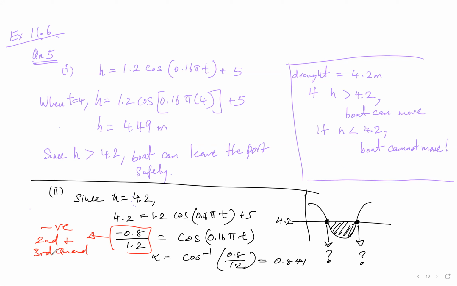So you will have 0.16 pi t is equal to pi minus 0.841 and pi plus 0.841.